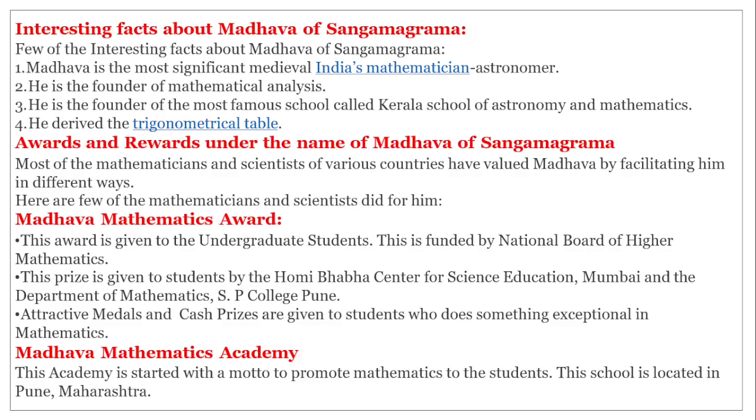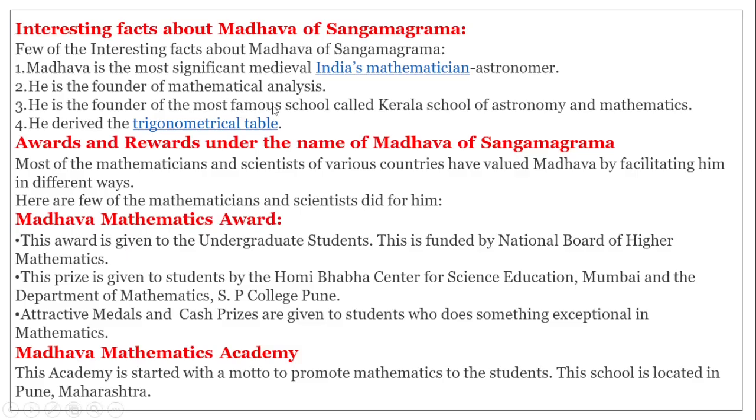That is what lies at the core of analysis, and therefore he is called the founder of mathematical analysis in India. A similar work was done in Europe by a mathematician called Weierstrass, and therefore in Europe Weierstrass is called the founder of mathematical analysis.